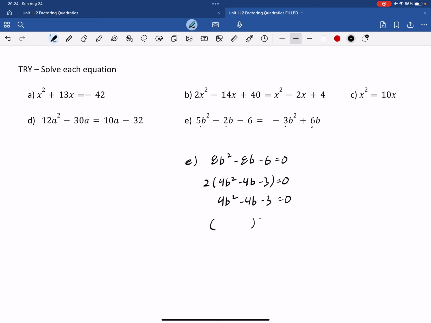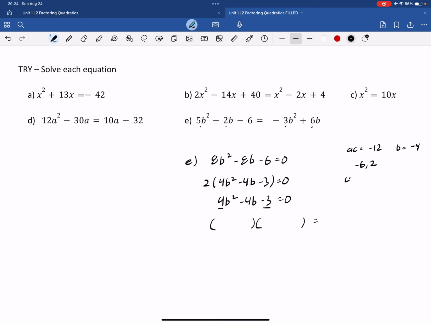Okay, so let's see if we can get this factored. AC is going to equal negative 12, and B is negative 4. So I think we want negative 6 and positive 2.